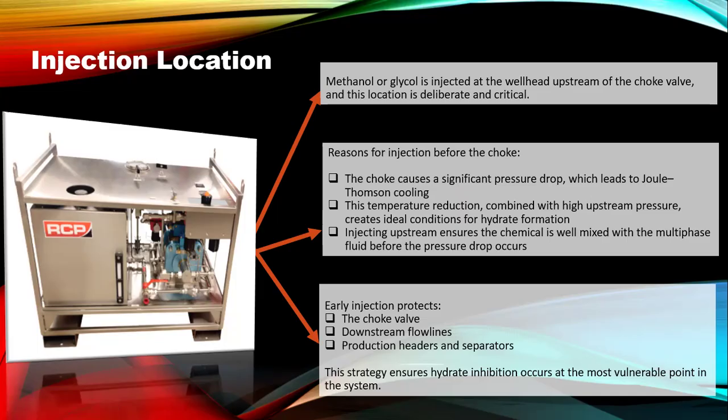This temperature reduction combines with high upstream pressure to create ideal conditions for hydrate formation. Injecting upstream ensures the chemical is well mixed with the multiphase fluid before the pressure drop occurs. Now, early injection protects your choke valve, your downstream flow lines, and your production headers and separators.